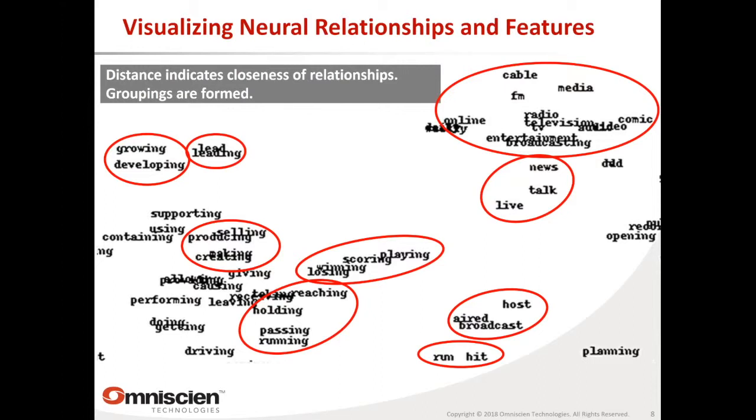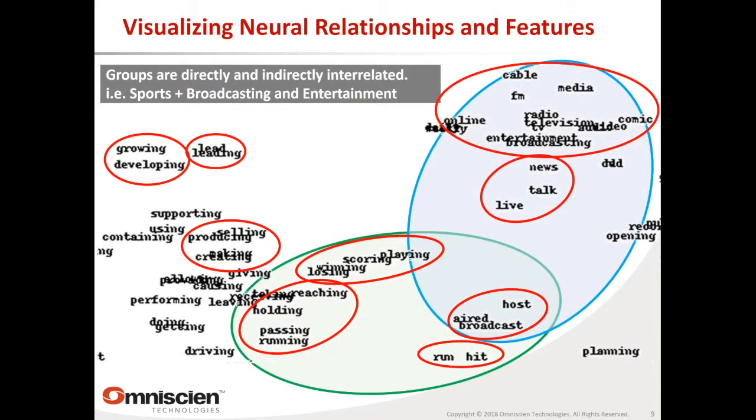Now, the distance from one word to another is the closeness of the relationship overall. And of course, there can be many layers to the relationship. So in this case, you have sports, which overlaps into television broadcasting and media and entertainment. So you can have a lot of those overlapping relationships that are built out.